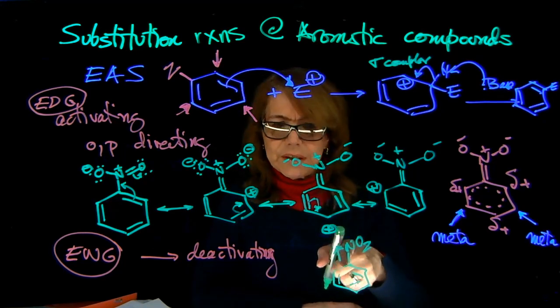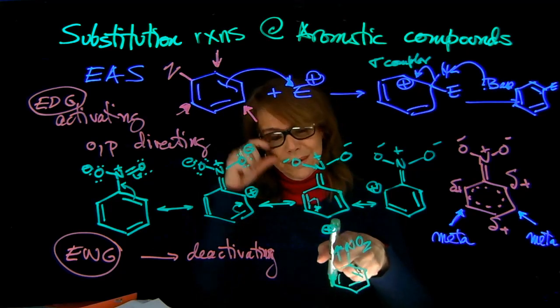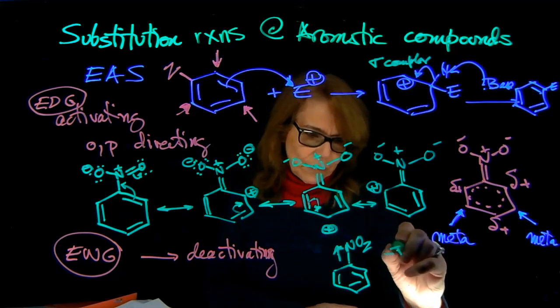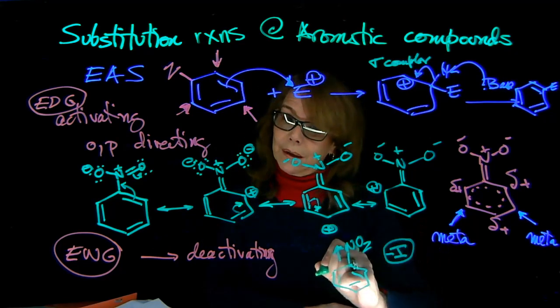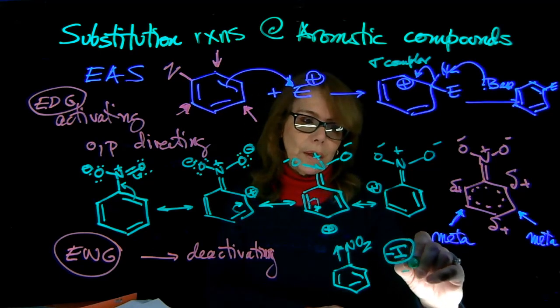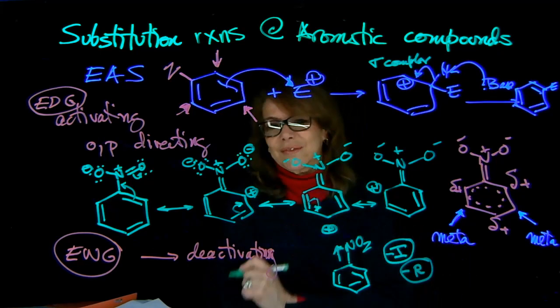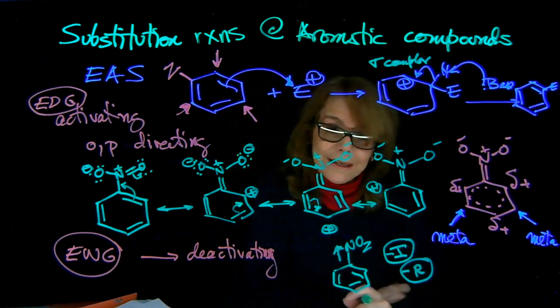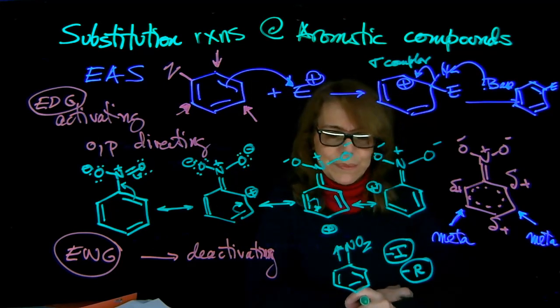Nitrogen is more electronegative than carbon, so it is removing electron density by induction, but also by resonance. So this group is a really strong electron withdrawing group.